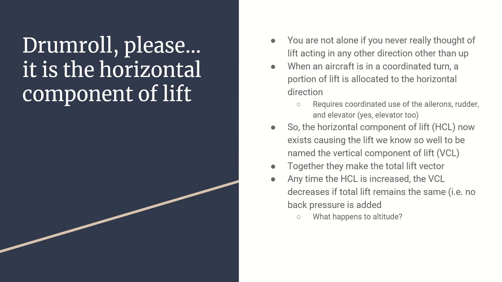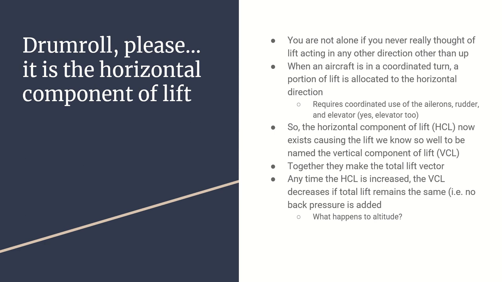So when we bank ourselves into the turn, think about how the direction of the wings changes. We no longer have both of those wing tips on a horizontal plane that's parallel to the horizon anymore. We've got one wing that's above the other.